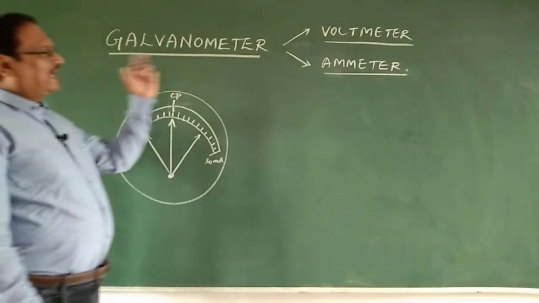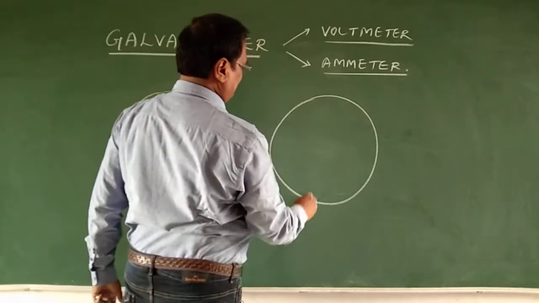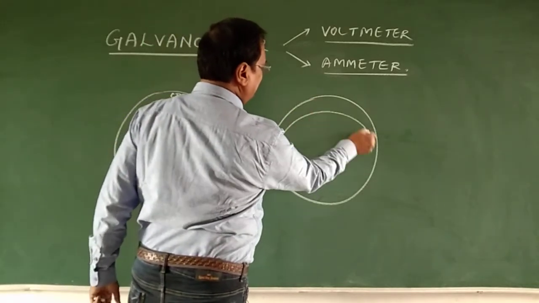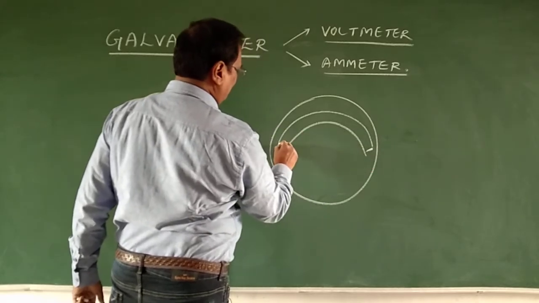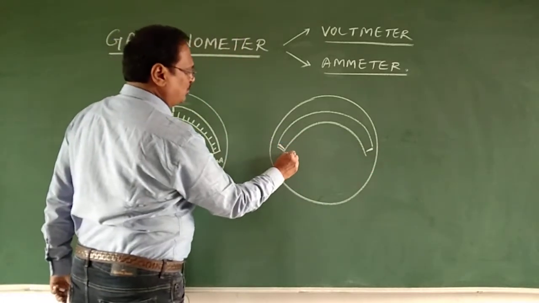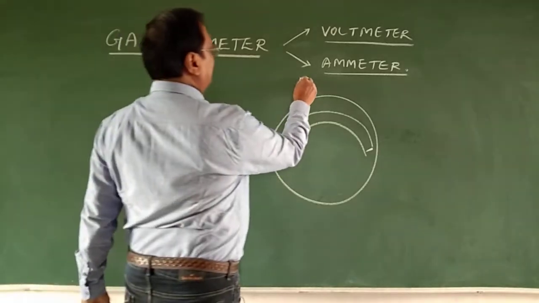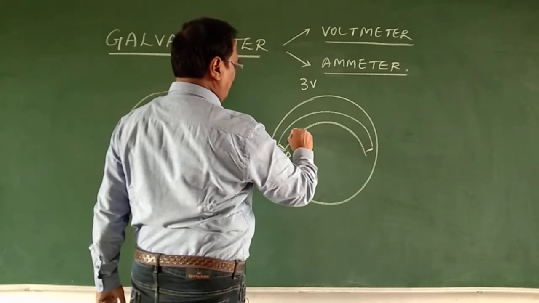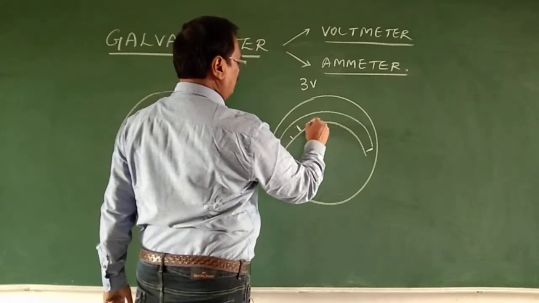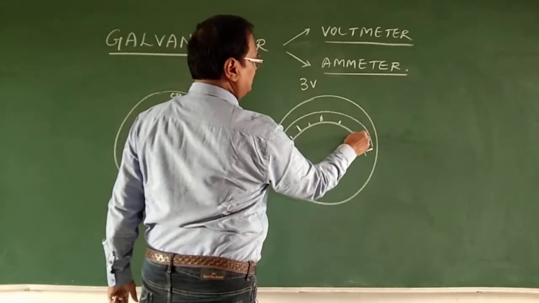Now an ammeter or voltmeter is just opposite to that. It will have again the scale, but the scale will start from one end, 0. Let us say if I have a voltmeter with 3 volt range: 0.5, 1 volt, 1.5, 2, 2.5, 3.